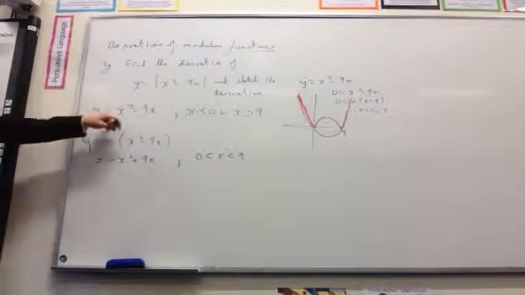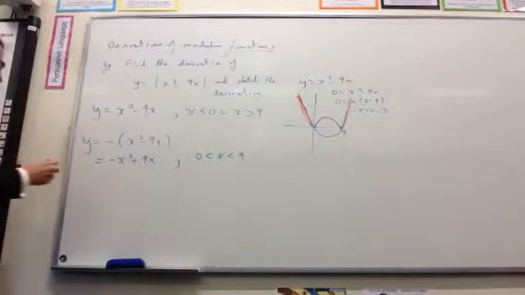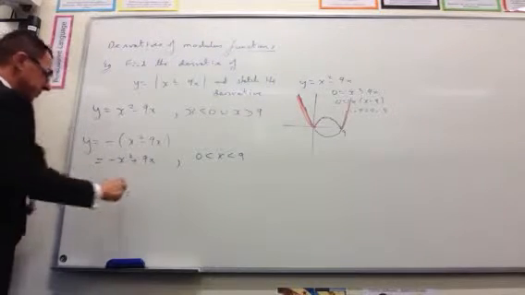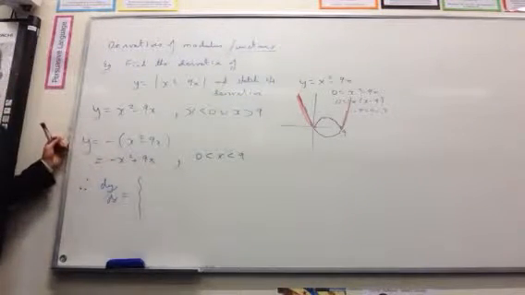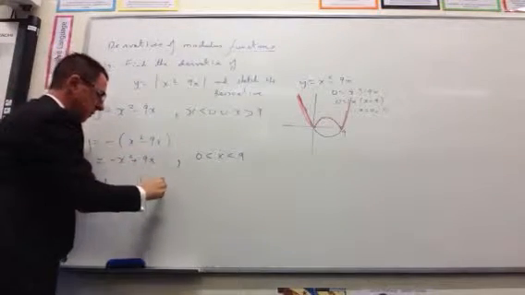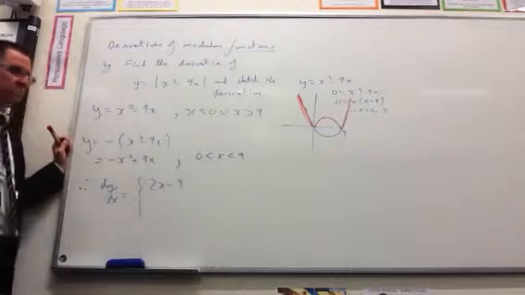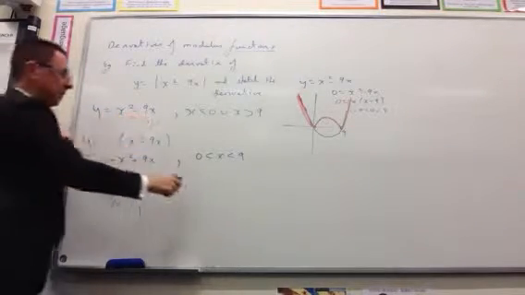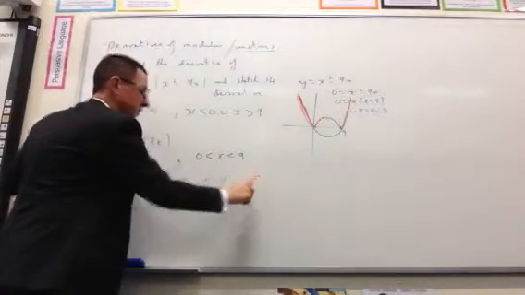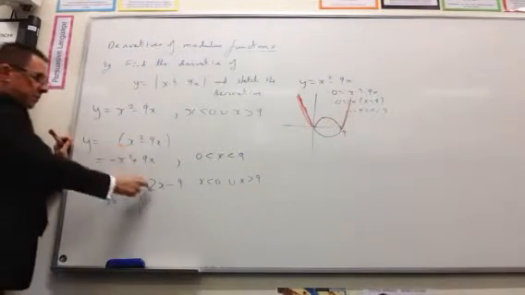Now, you've got a simple function, you can find the derivative. Therefore, dy dx equals, there's going to be two derivatives. This one, 2x minus 9, simply deriving it, when x is less than 0 and x is bigger than 9. That's the name of this one.